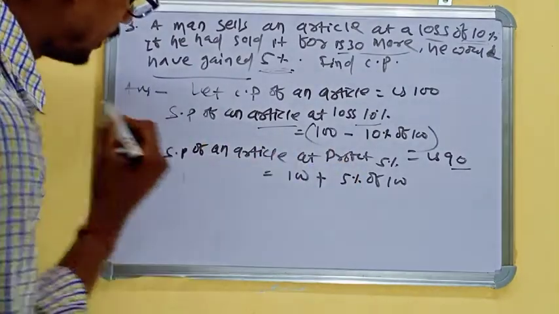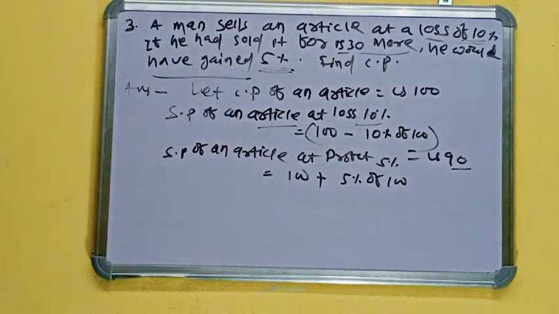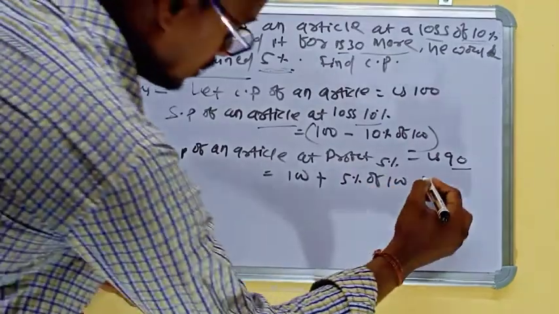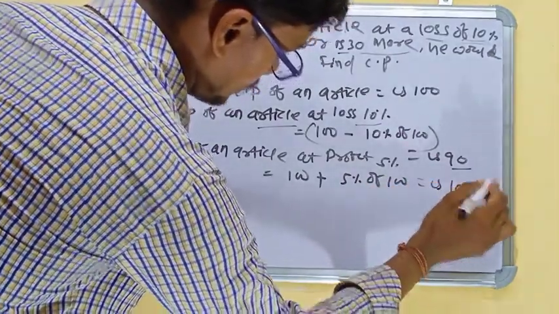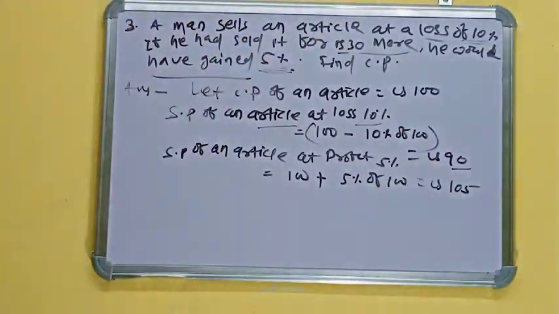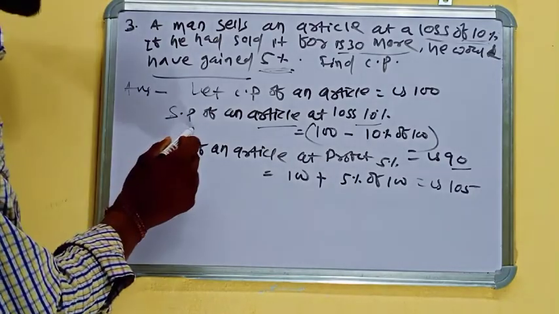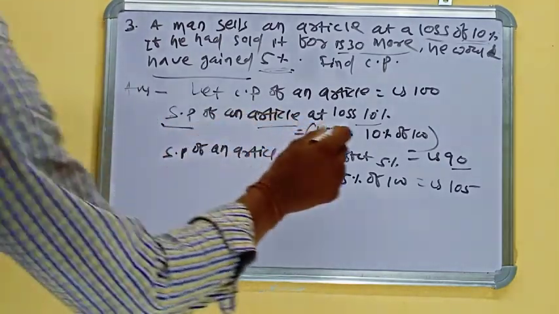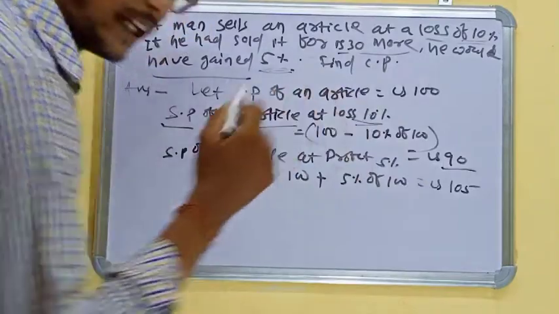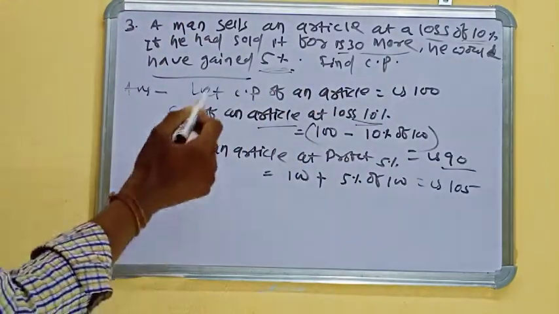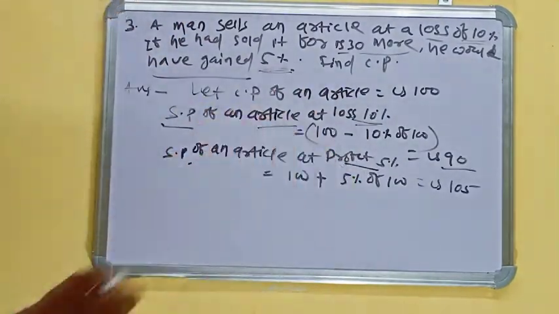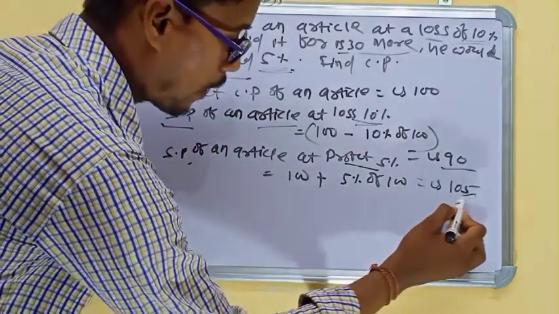CP plus profit is equal to SP. Then it is equal to rupees 105. Then the SP in case of a loss of 10% is rupees 90, and the SP in case of a profit of 5% is equal to rupees 105.